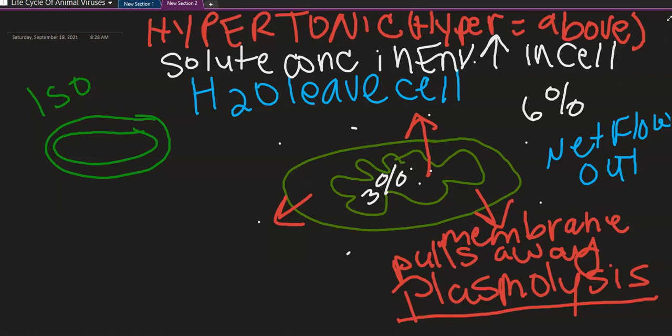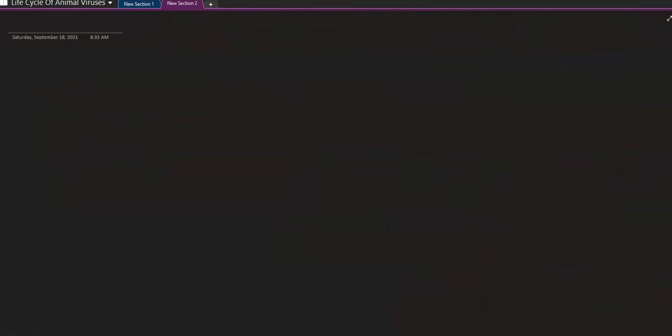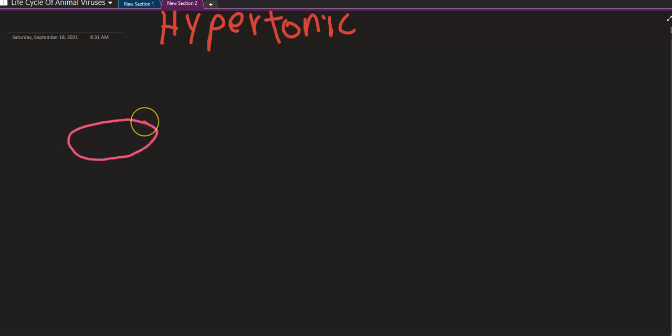So let's look at what happens to a cell that does not have, again, this is hypertonic, a cell with no cell wall. Again, here's our isotonic for comparison.